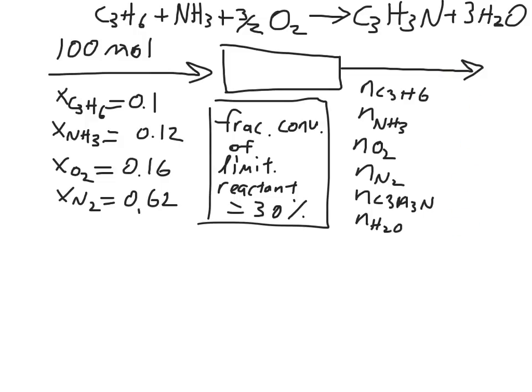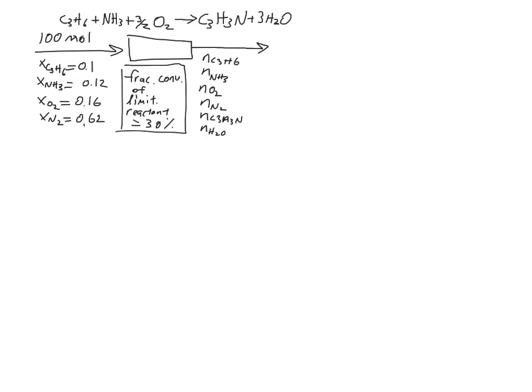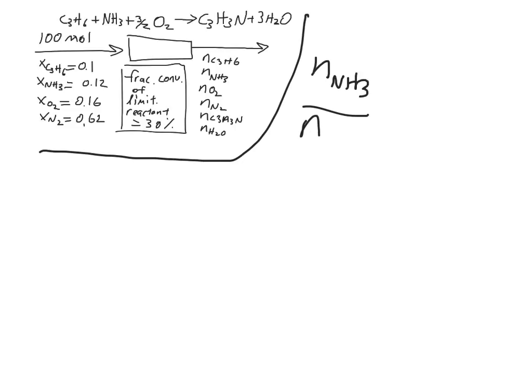So the first thing we need to do is find the limiting reactant. Let me just move this off to the side here. We need to look at the amounts of the various species and compare them to the stoichiometric ratio. First we'll write the number of moles of NH3 over the number of moles of C3H6.